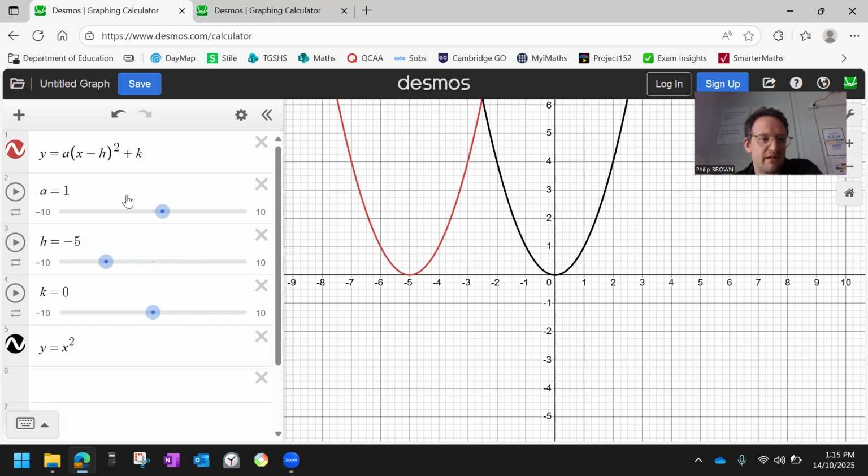We've translated it to the left, and this would be y equals x plus 5 all squared. So this value of h in here basically translates the vertex left and right in a horizontal direction, and then this value k at the end is the vertical translation. We're just going again up and down like so. So you can figure out where the vertex is at any particular point if it's in this format.